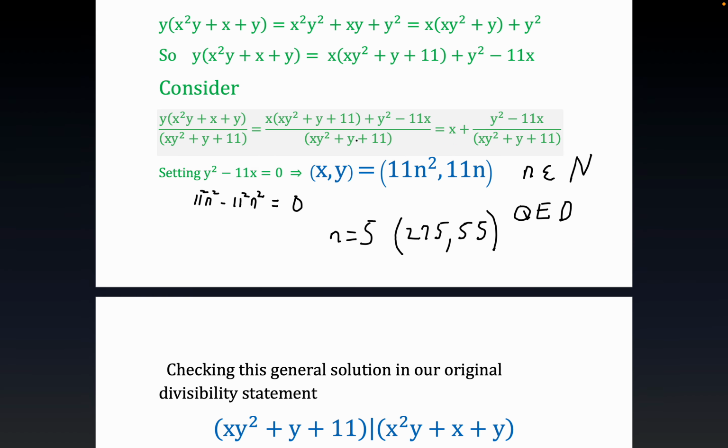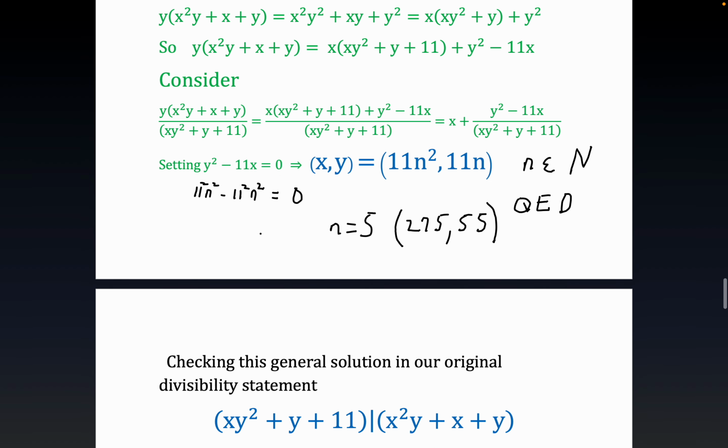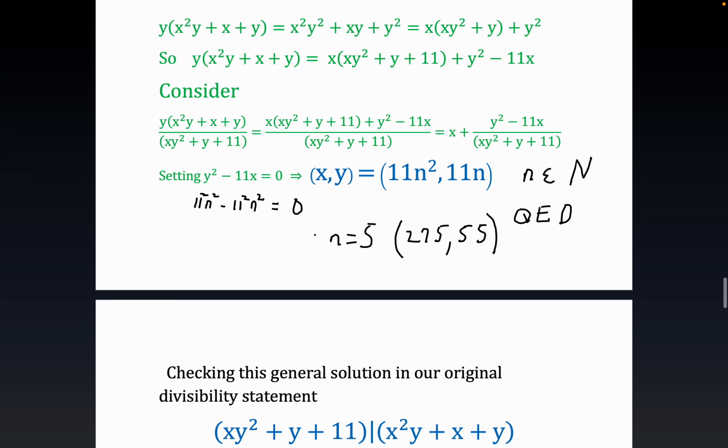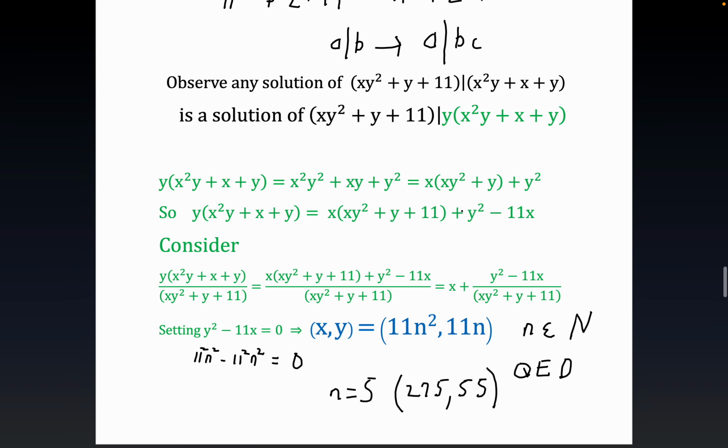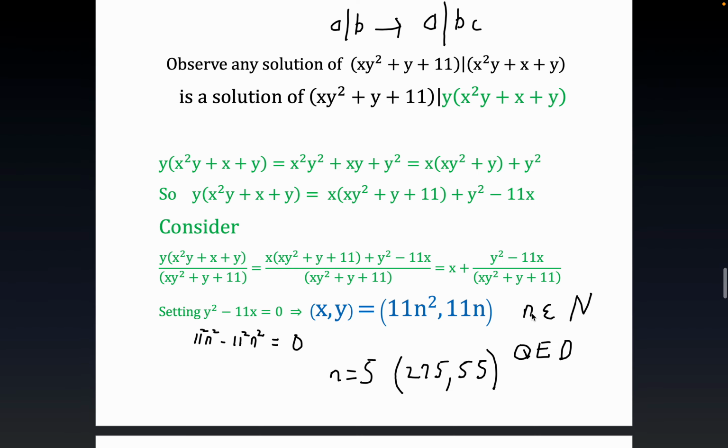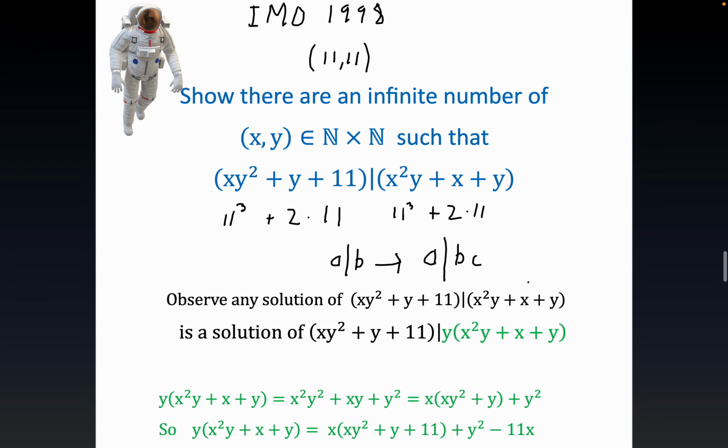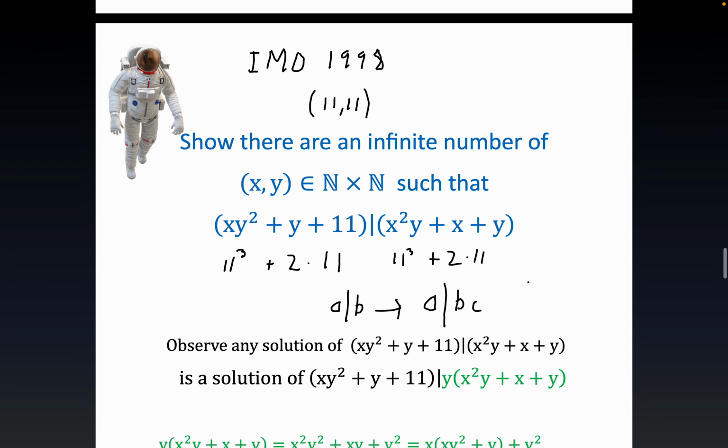They had to find the general form for the infinite solutions, and also find a few special cases for when this is not equal to 0. That's hard. It's too hard. I'm not sure if I know how to do that. But anyway, we are done with the problem. There are an infinite number of solutions because there are an infinite number of positive integers. So that does it. Thank you for viewing.